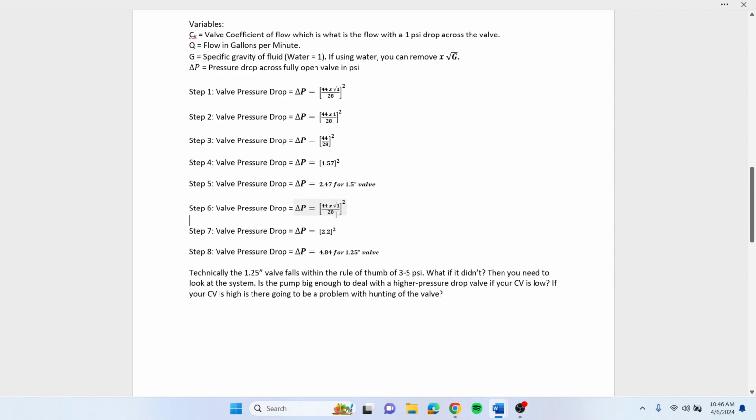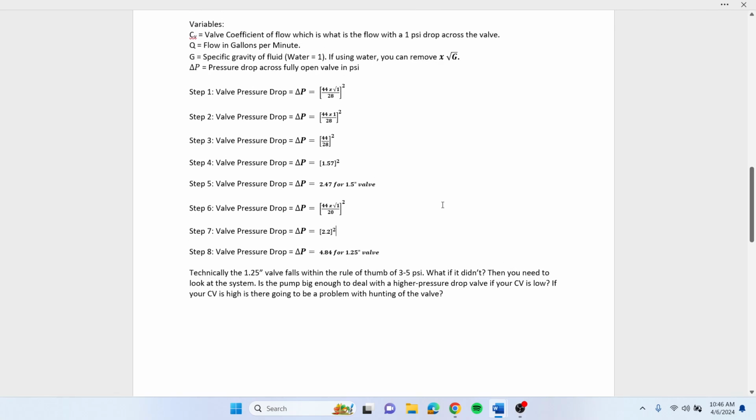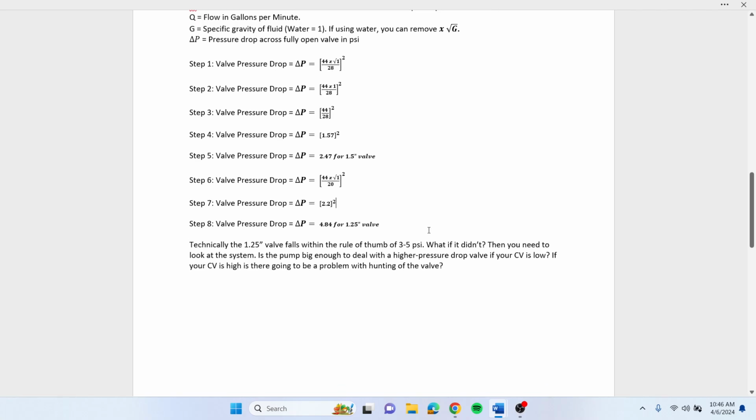We'll end up with 44 divided by 20, which is 2.2 squared. So our 1.25-inch valve actually falls within our range. 4.84 falls within our 3 to 5 psi drop. So I would pick this valve because I didn't go down some crazy pipe sizes. I didn't go down more than 2 pipe sizes, so I'm just going to go with this valve.